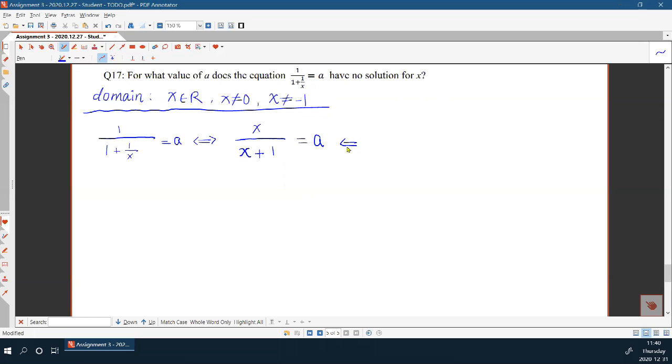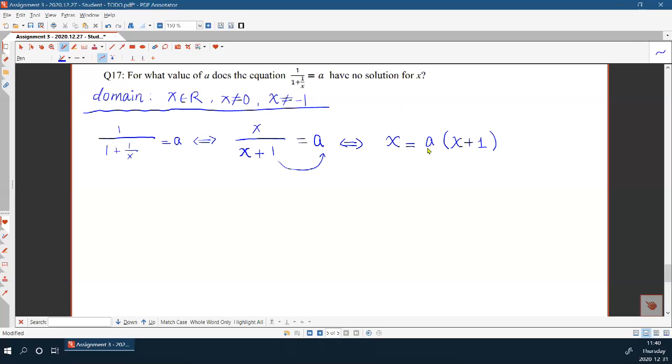And to solve this, you can put the denominator on the right-hand side of the equation, so this equation is equivalent to x equals a times x plus 1, right?